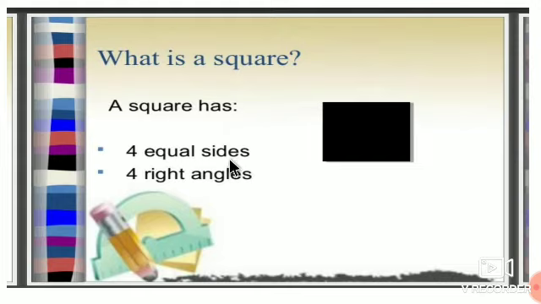The square has 4 sides, 4 angles and 4 vertices also. These are the vertices. Understood? But in a rectangle, opposite sides are equal in length, and in a square, all sides are equal in length. Means if this side is 4 centimeter, then the remaining sides are also 4 centimeters.